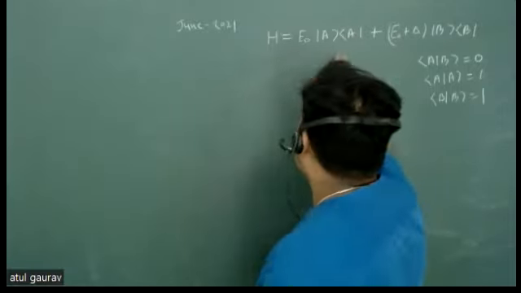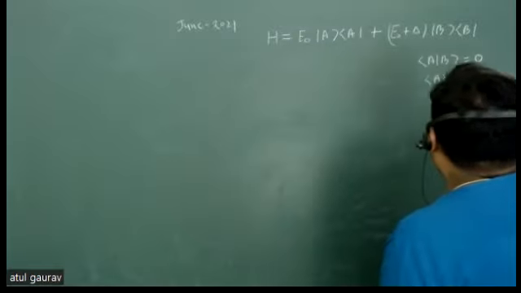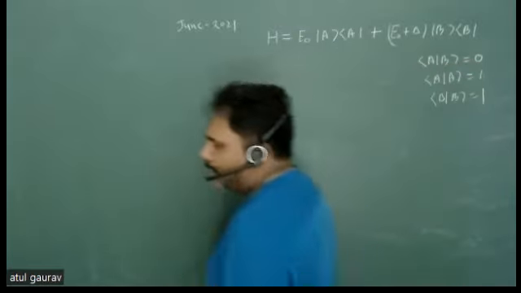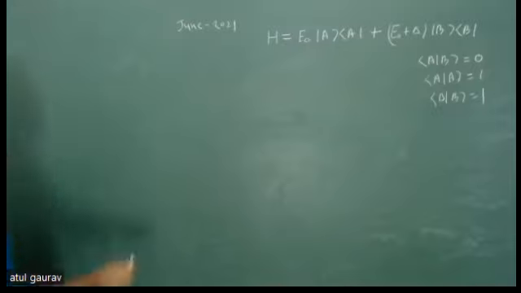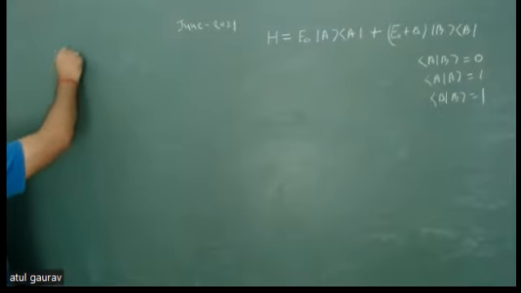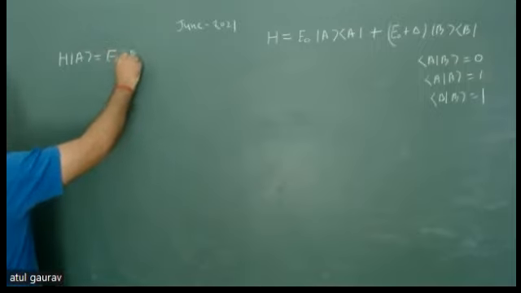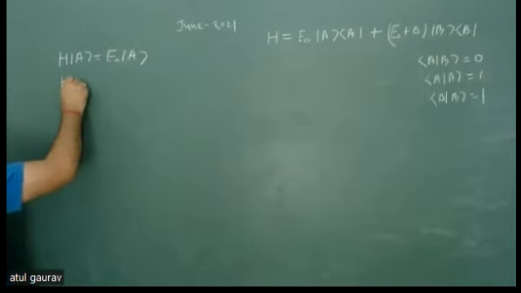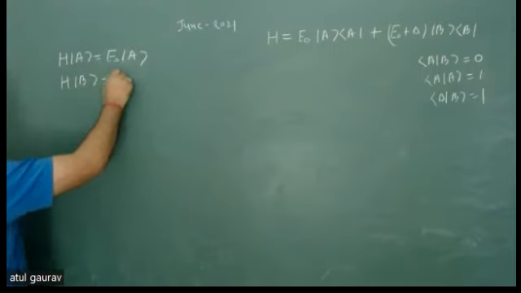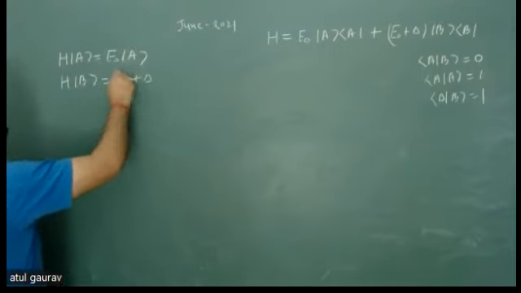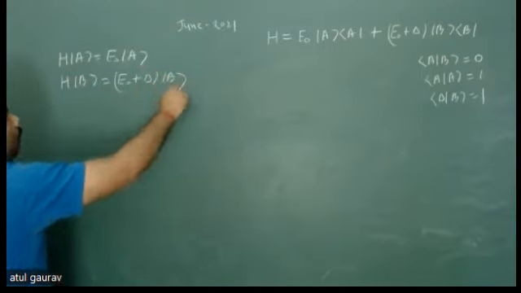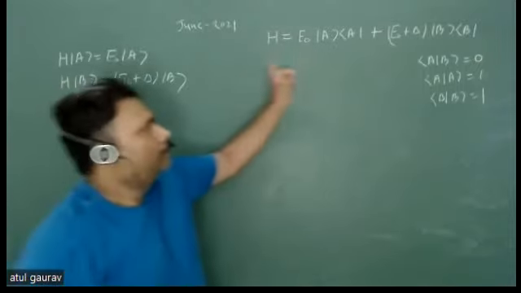So A and B are orthonormal vectors. Then you can easily check H A vector is equal to E naught A and H B vector is equal to E naught plus delta B. Isn't it?